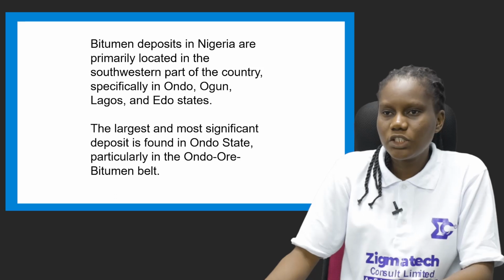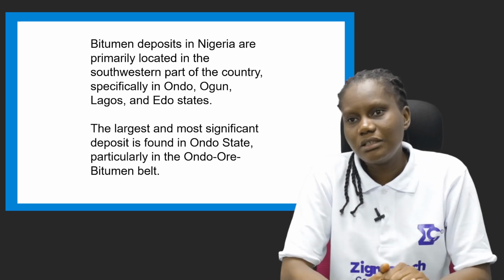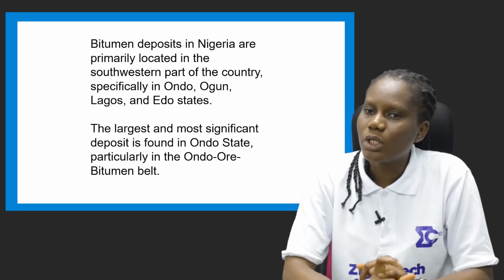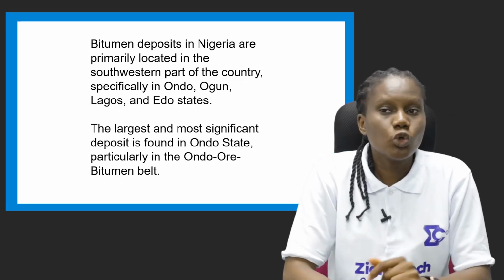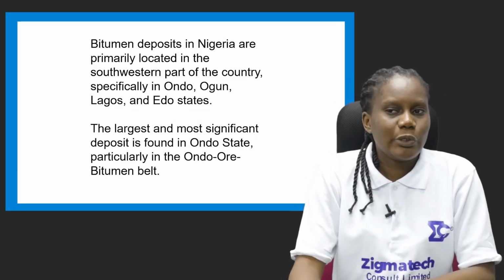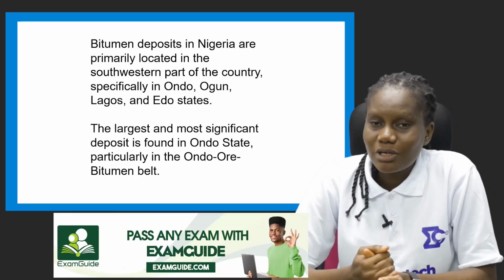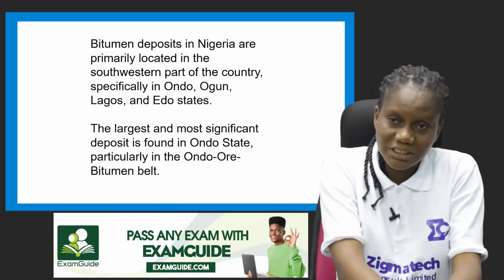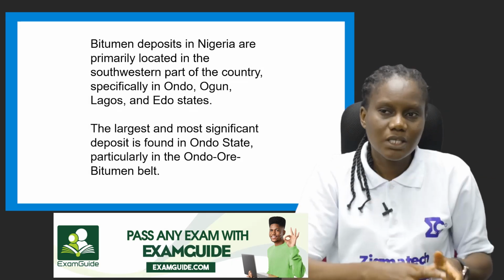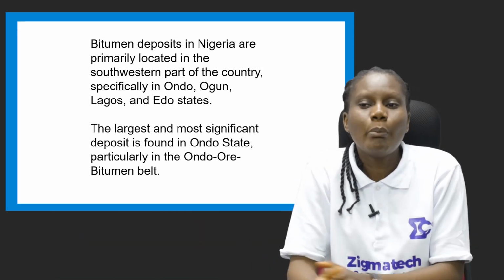What are the locations where we can find bitumen deposits in Nigeria? They are primarily located in the southwestern part of the country, specifically in Ondo State, Ogun State, Lagos, and Edo State. Just as crude oil and natural gas are found primarily in the Niger Delta, in the south, the bitumen deposits are found in the southwestern part of the country.